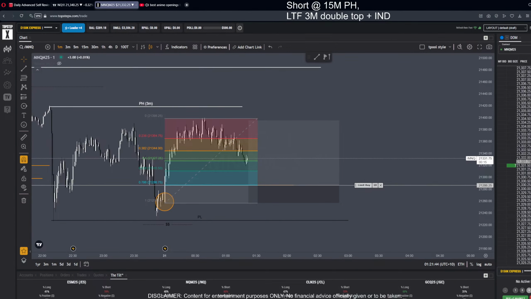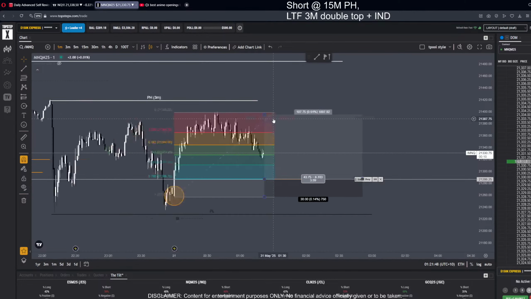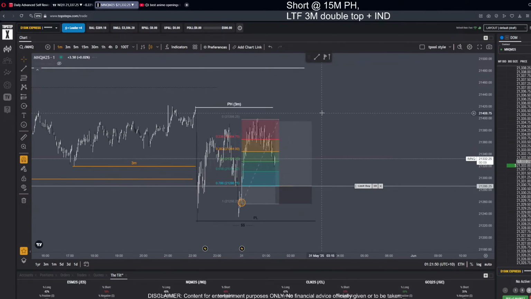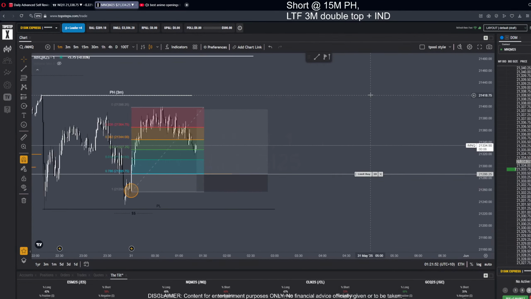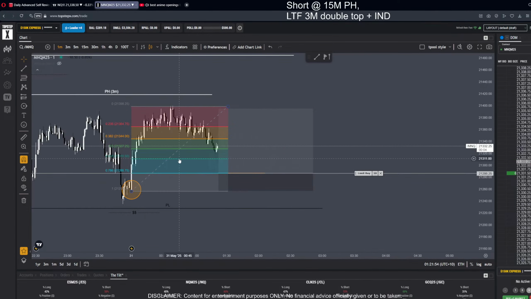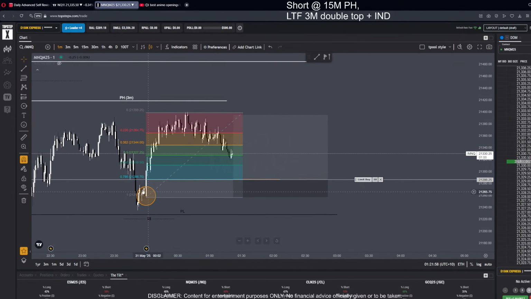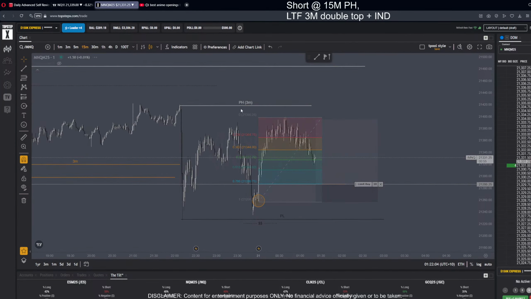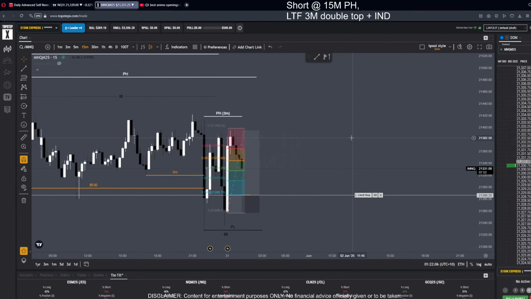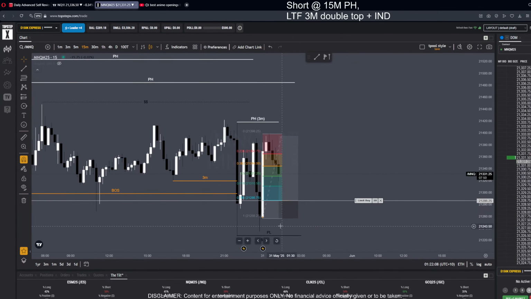Alright, chat. What are we looking at now? So, chat, I'm looking at a bounce off the 0.786 fib on the second leg. We are looking at some failed to break this.